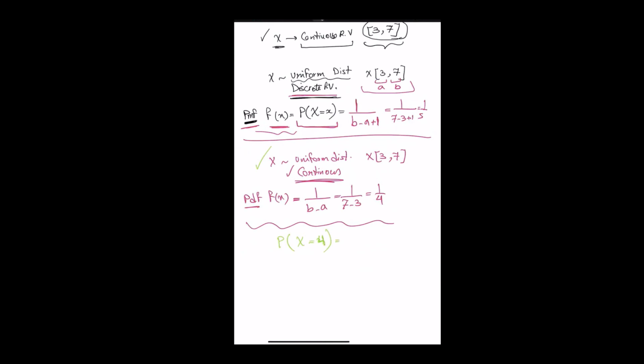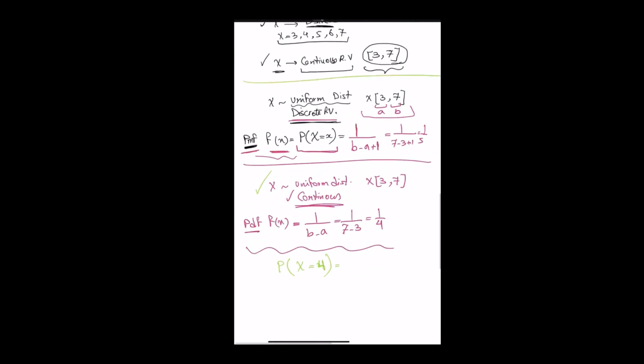I have the same question for the discrete random variable: what is the probability of x equal to 4? I want to know the answer for both, and both of them have uniform distribution.